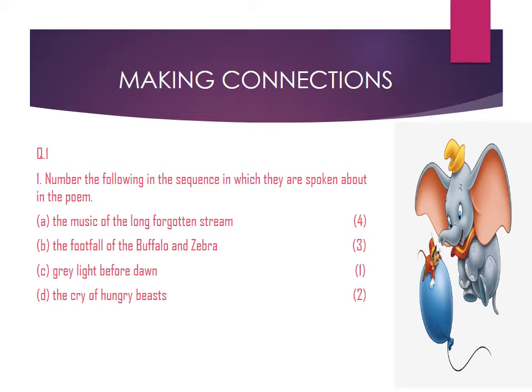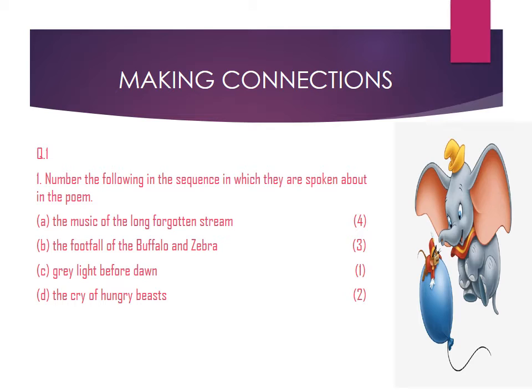So number 1 is grey light before dawn. It is given, you can see on page number 54 in first paragraph, this line is given. Second line is there, the grey light before dawn. C is number 1, grey light before dawn. And number 2, the cry of hungry bees.